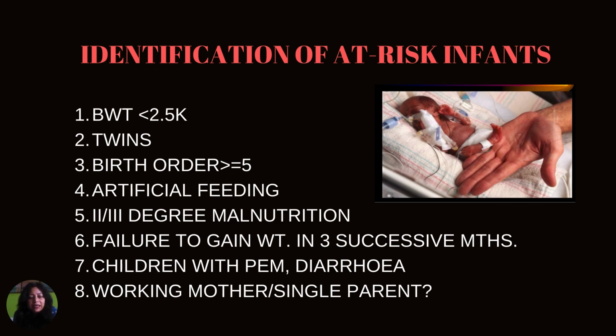Artificial feeding, as I have already explained. Then second or third degree of malnutrition in the child. Failure to gain weight in 3 successive months. Children with PEM, diarrhea. And the last one mentioned in the textbooks usually is working mother or single parent.